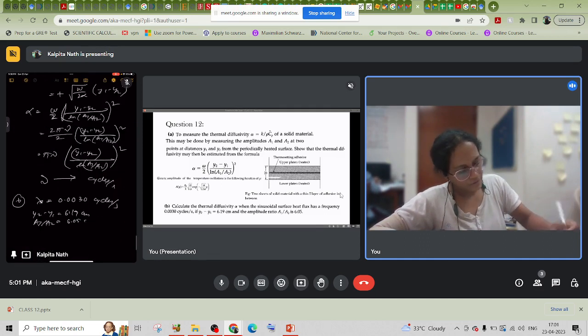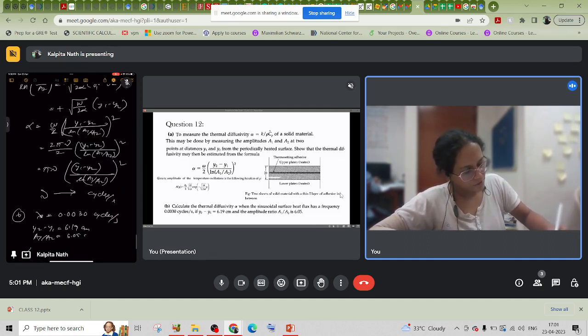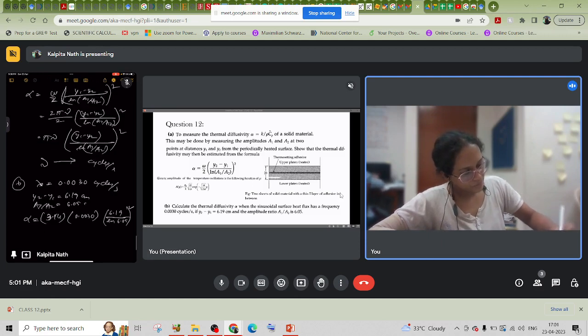If we put everything in the equation of alpha, alpha is 3.14, that is pi, into 0.0030, that is nu, into 6.19 upon ln 6.05, whole square. So this is found as 1114 centimeter square per second.